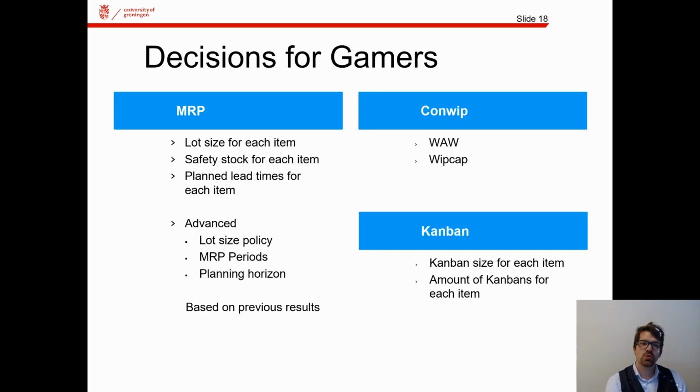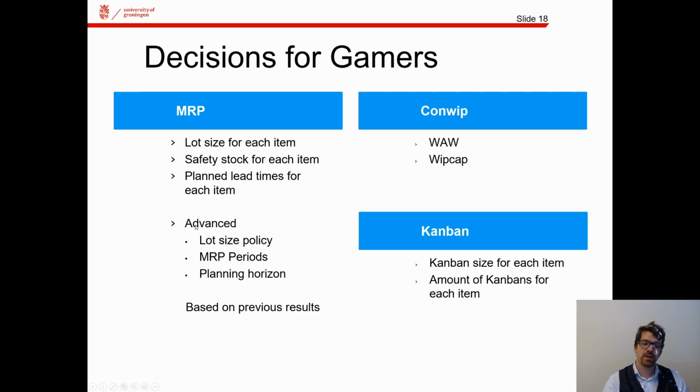And now we come to the decision the gamers can conduct. For MRP, you can immediately select the best combination for the lot size for each item, the safety stock for each item, and the planned lead time for each item.